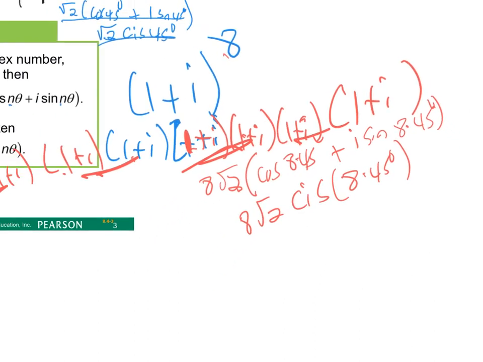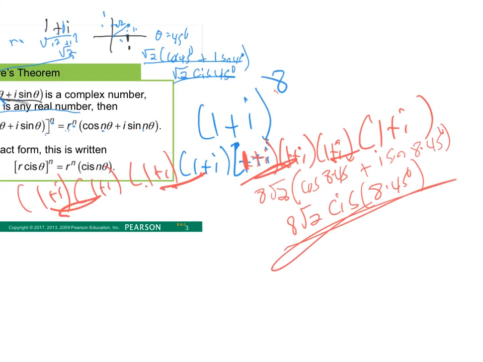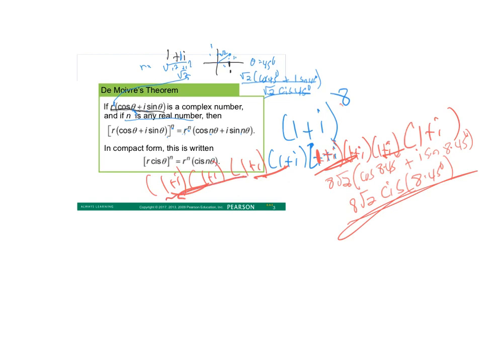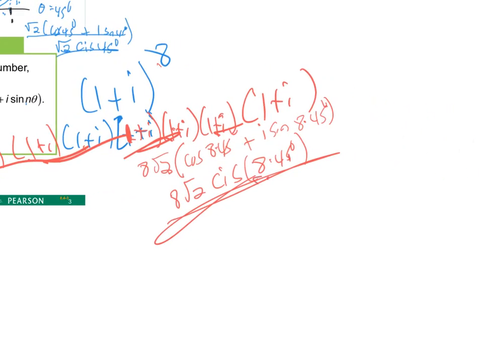That actually is easier. So there's my answer. And it would take me forever to do this. And then once you have this, we can do 8 times 45. How much is that? Well, that's 360 degrees, isn't it?